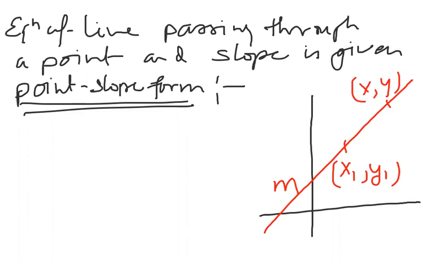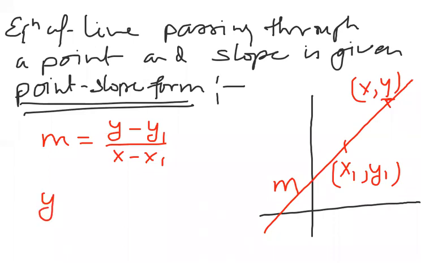So we know that slope m equals (y2 minus y1) upon (x2 minus x1), which here is (y minus y1) upon (x minus x1). With cross multiplication, what will we get? y minus y1 equals m times (x minus x1).